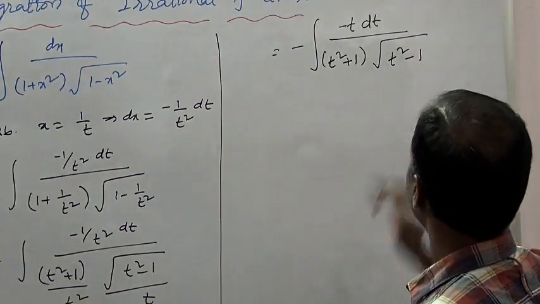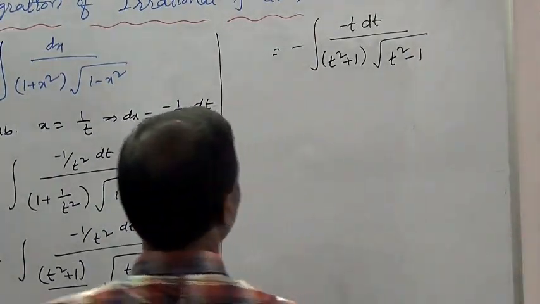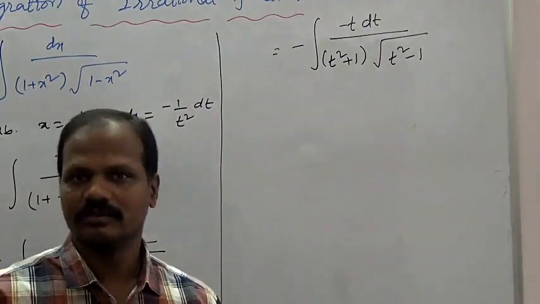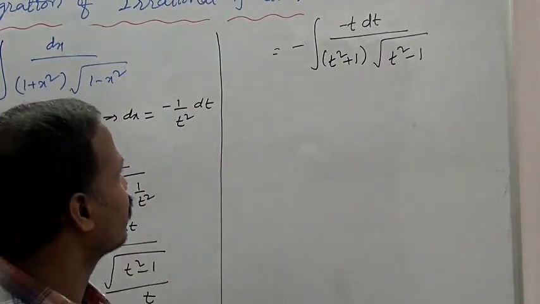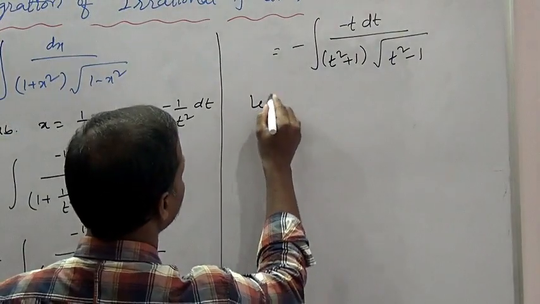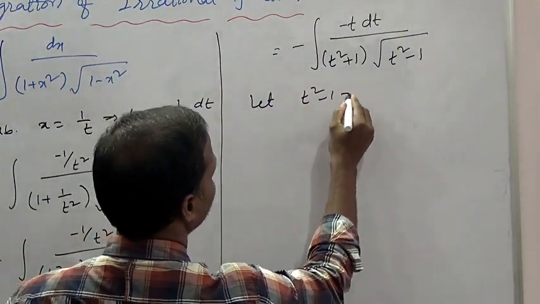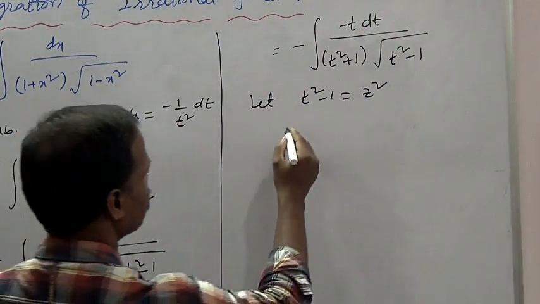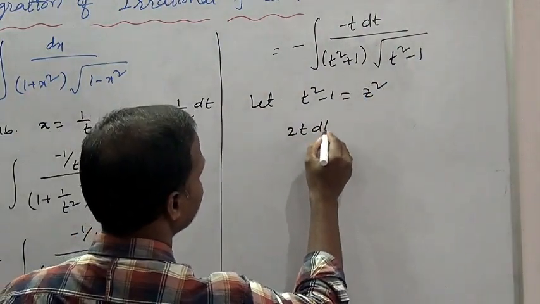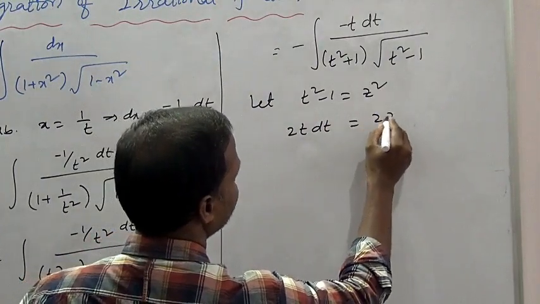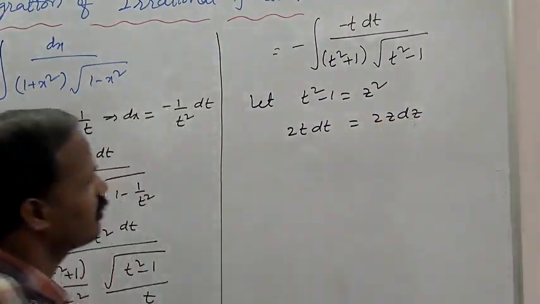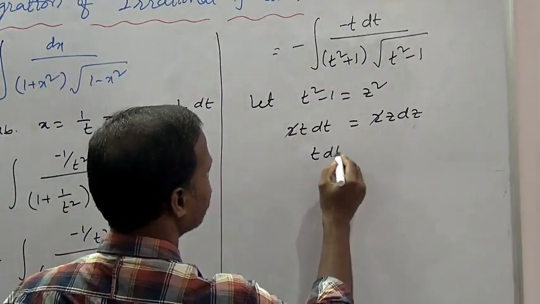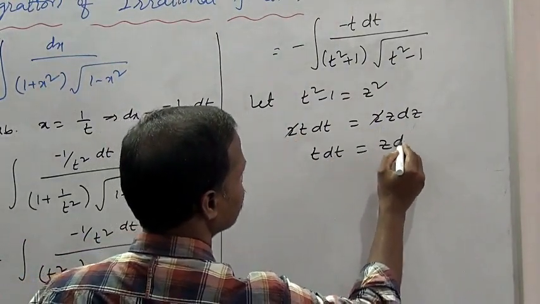Now again you have to substitute t square minus 1 as z square. So let t square minus 1 equal to z square. Then 2t dt equals 2z dz, so 2 will be cancelled, and t dt equals z dz.